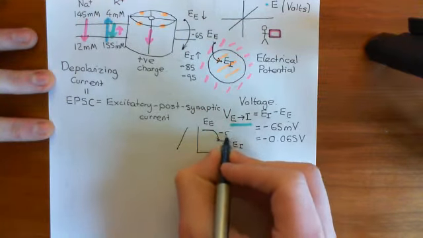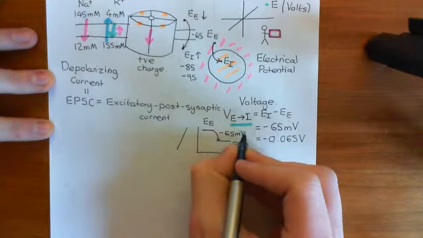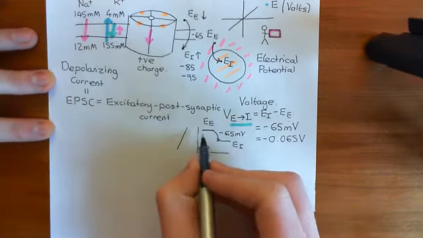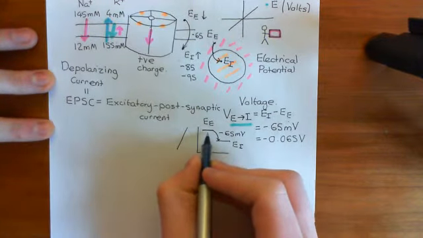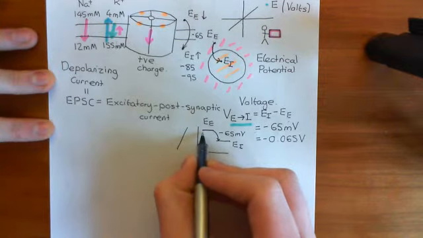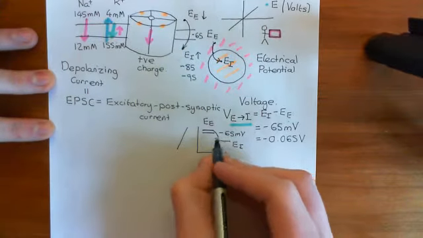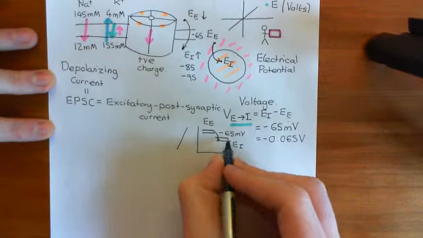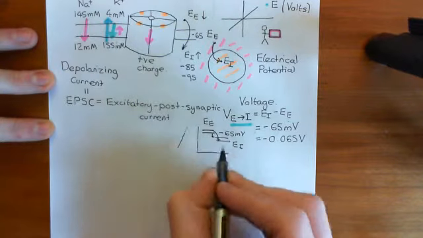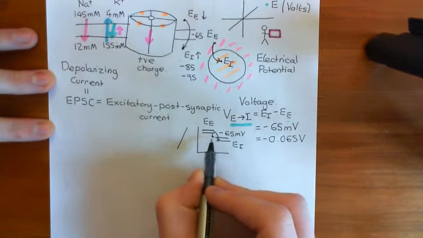And this step down at the moment is negative 65 millivolts. Now we are lowering the electrical potential extracellularly, so this number is going to go down like so, and we are raising the electrical potential intracellularly, so this number here is going to come up. So hopefully you can now see that the drop that you're going to suffer is going to be reduced.